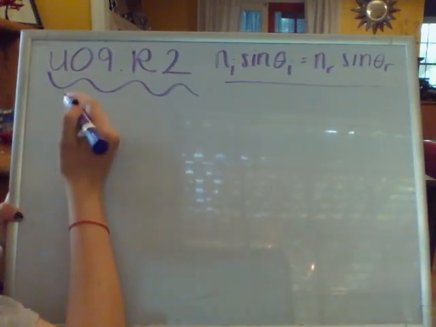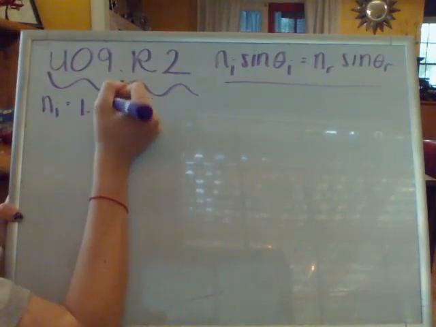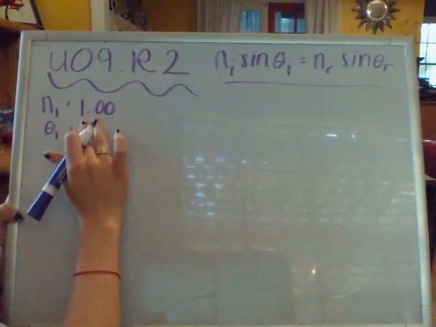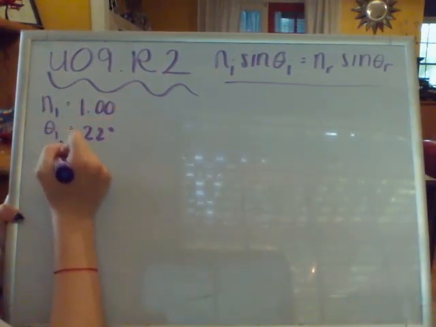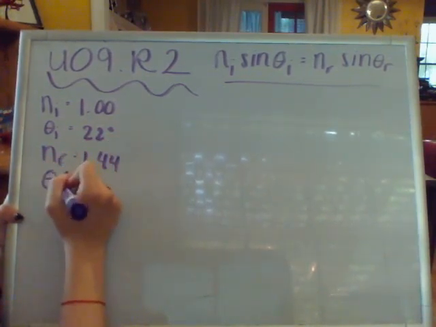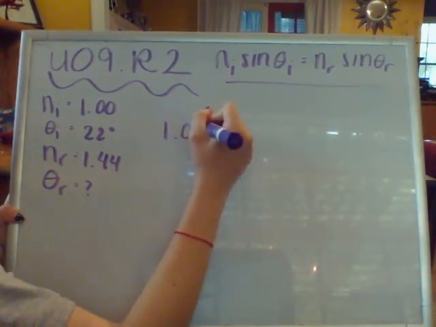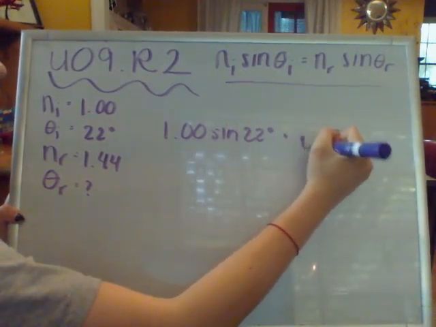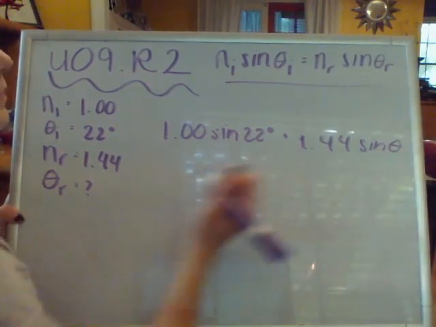So Ni equals 1.00, and theta I is going to be 22 degrees, and then the NR is going to be 1.44, and now we're trying to find theta R. Now I plug this in, so we have 1.00 sine 22 degrees is equal to 1.44 sine theta R.